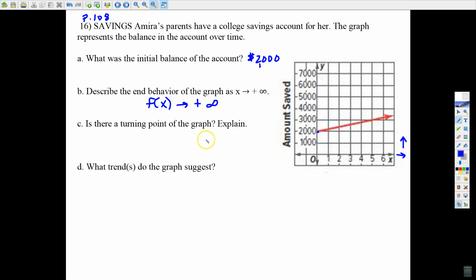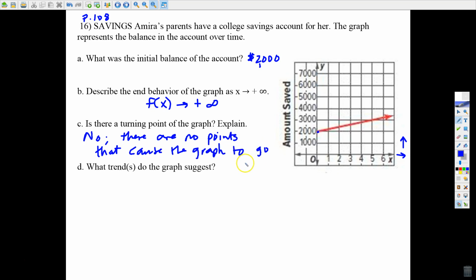There are no points which cause this graph to turn and go in a different direction, i.e. a turning point, basically the definition.